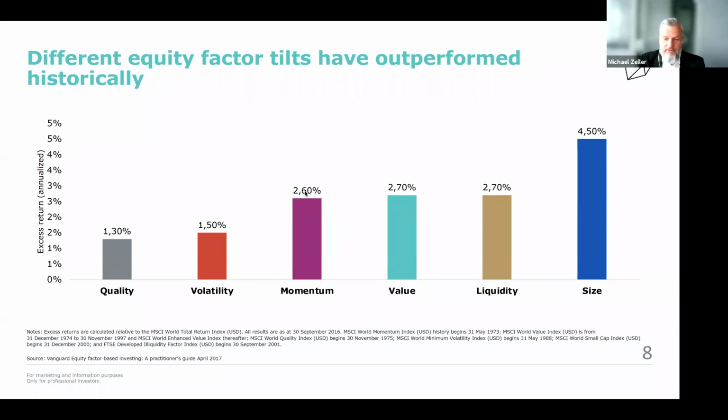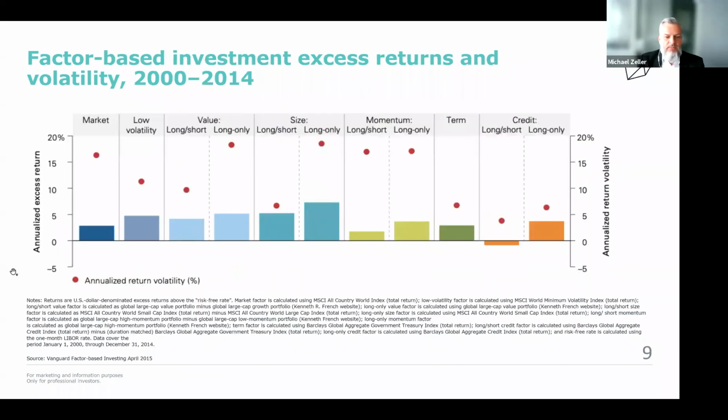On the next slide, we will go a little bit deeper, because it's not about performance only in capital markets. It's always about risk-adjusted performance. That means, of course, that all of these factors have a kind of volatility coming along with them. And so you have to compare, obviously, the excess returns against the relative volatility of these factors. The volatility you can see here marked with the red dots, and the excess performance you can see as bars.